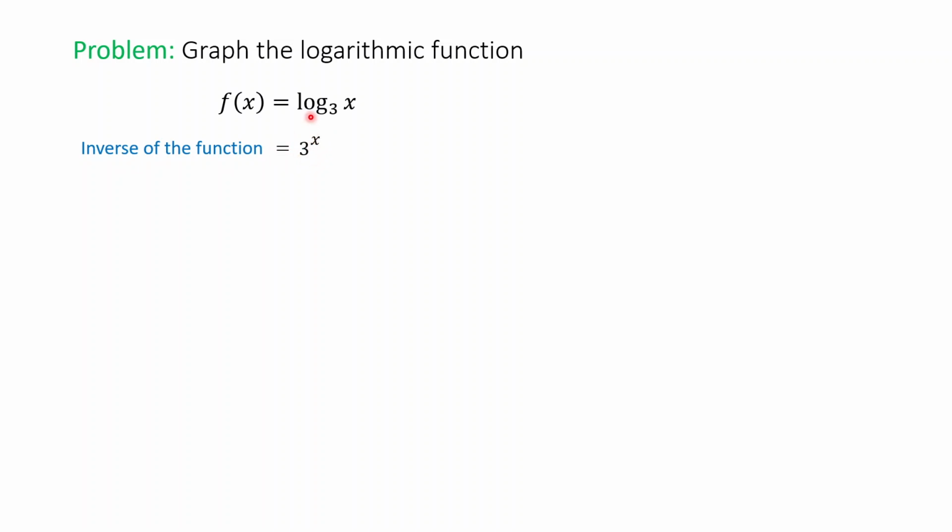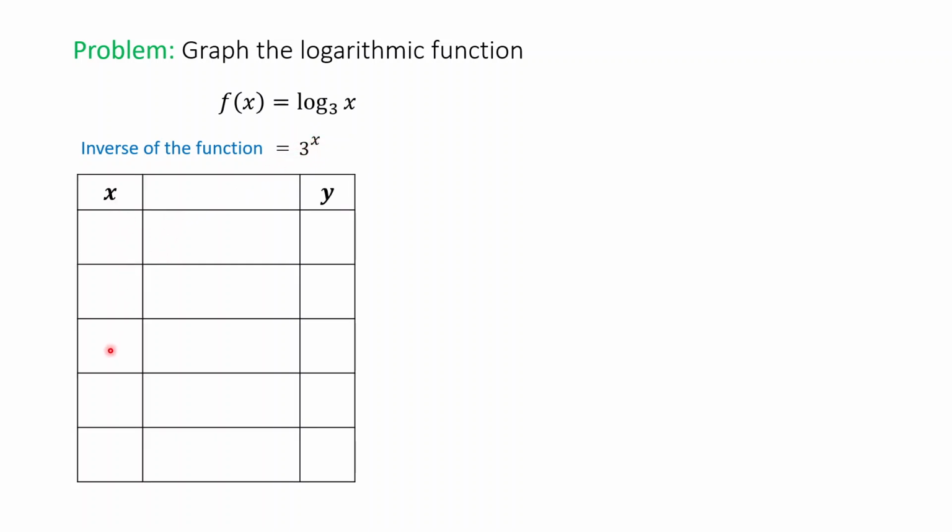This is the inverse of this logarithmic function. Now you need to make a table for this exponential function. Take 0 as one of the x values and take -1, -2, two values before 0 and two numbers after 0. You can take 1 and 2.